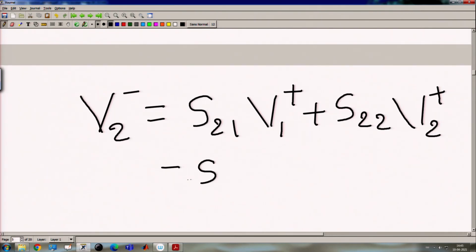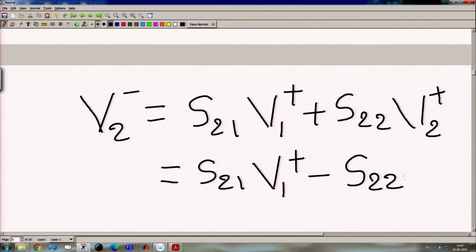So, this can be written as S21 V1 plus minus S22 V2 minus.